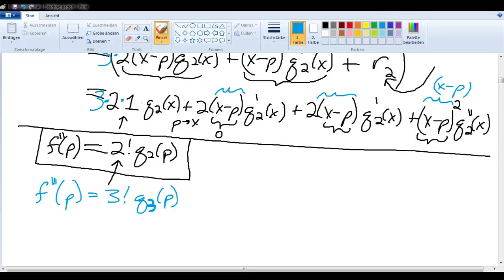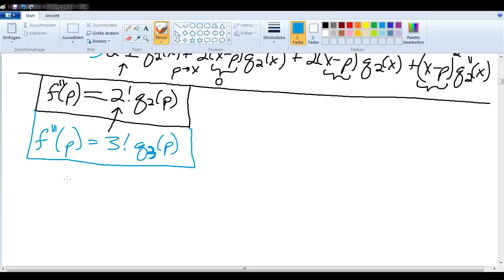And as it turns out, that pattern can be generalized to work for any k. So the formula would be the kth derivative of f evaluated at p would be k factorial times q sub k of p.